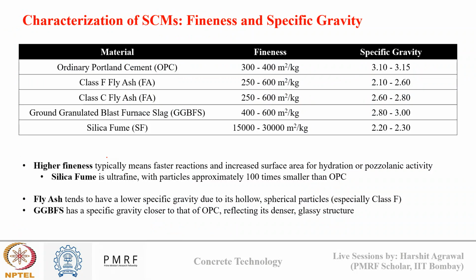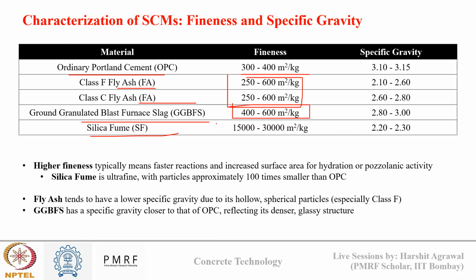Now, the effect of particle microstructure and particle size can be seen in terms of quantitative entities like specific gravity and fineness, as you can see in this table. OPC has a fineness of 300 to 400 meter square per kg. Class C and Class F fly ash also belong in the same range, and ground granulated blast furnace slag also belongs in the same range.